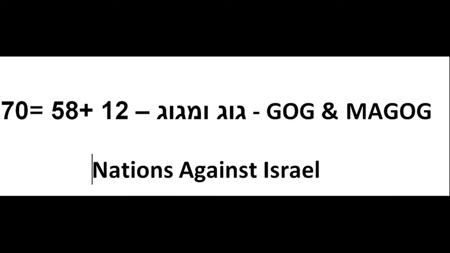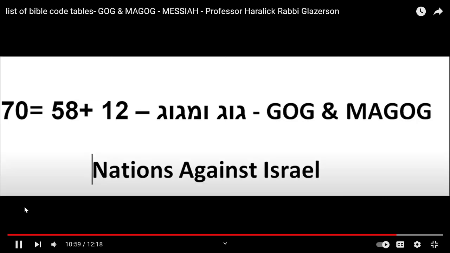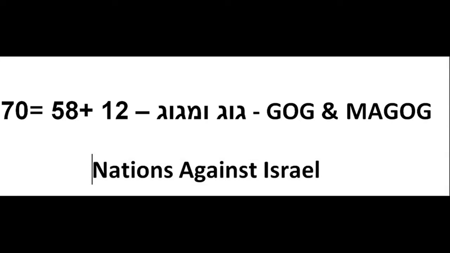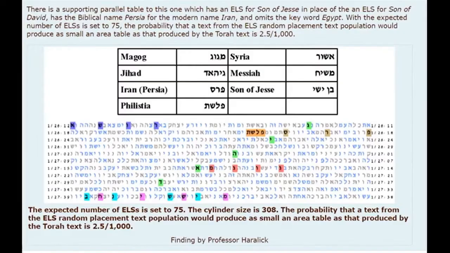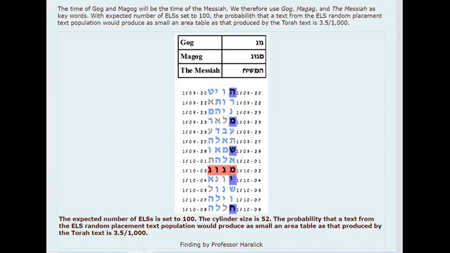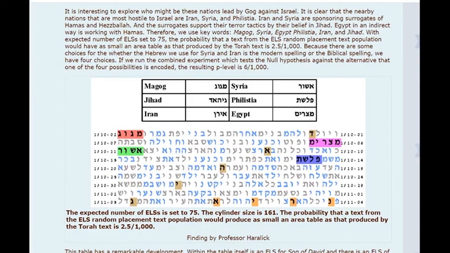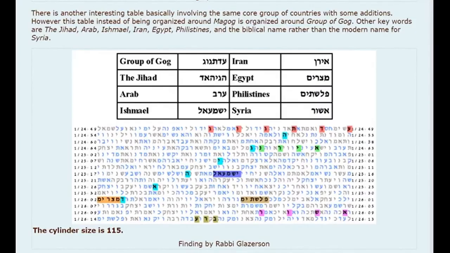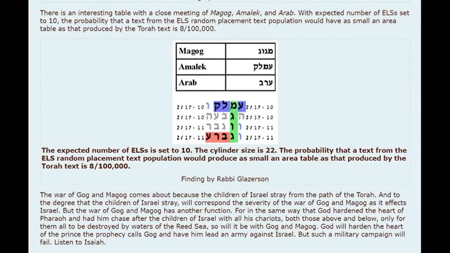So as I said, very interesting tables based on the idea that really Gog Magog are nations, the enemies of Israel, which we see today very, very clear. So interesting and significant table, and as I said, very, very important one to understand the time that we are living in, not at all a simple one.